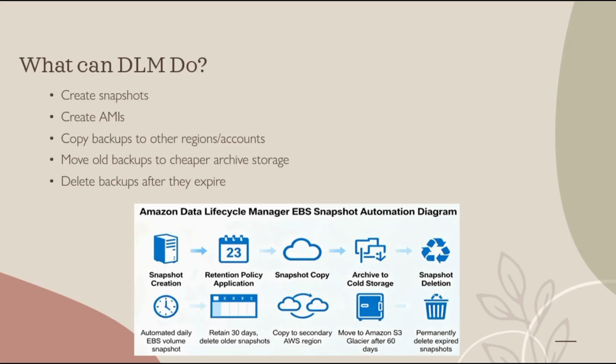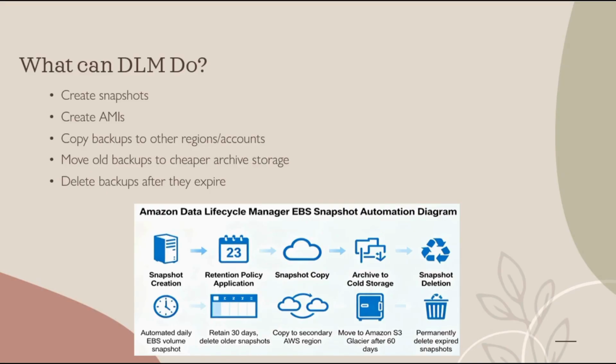What can DLM do? By using the DLM, we can create the snapshot of the EBS volume, which can be used for future purposes, and we can create the AMI also. By using those created images, we can launch a new EC2 instance or the same identical EC2 instance also. And we can also copy the created snapshots or the AMI to other regions or to other accounts also.